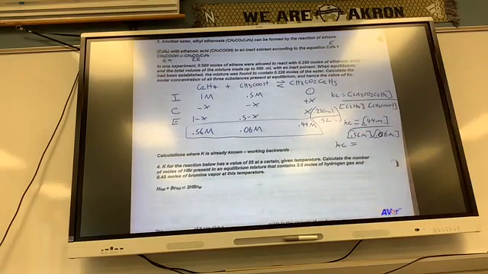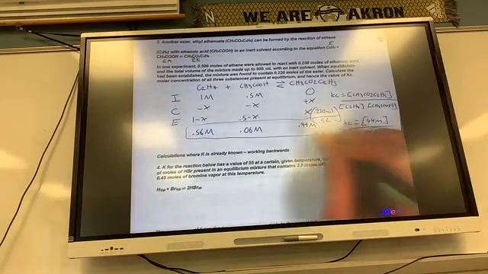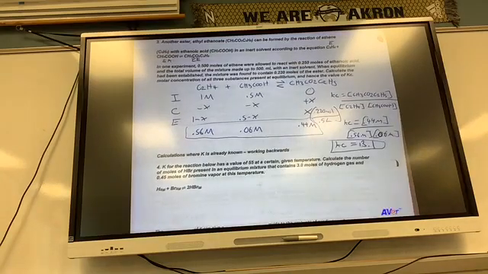Solve for K. What do you get? I had 13.1. Are there units? No. So that's a nice intro.